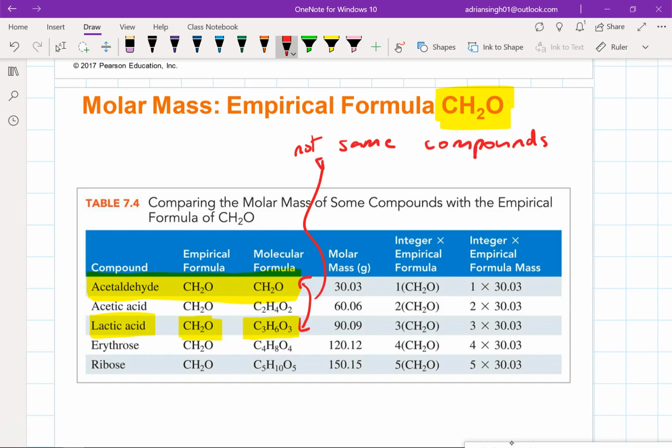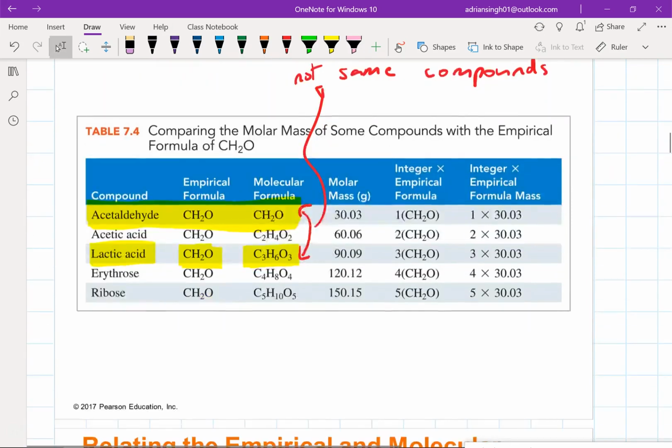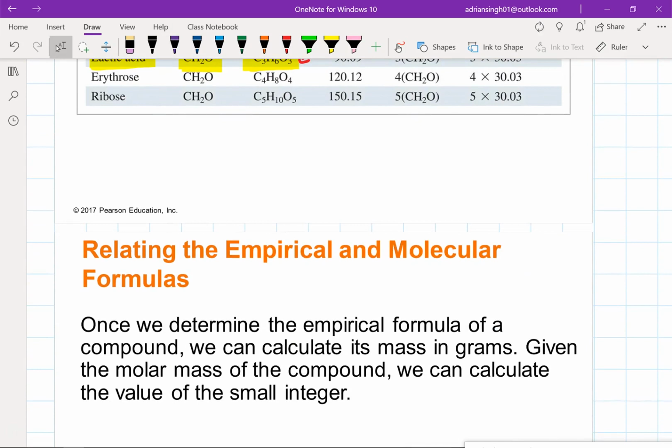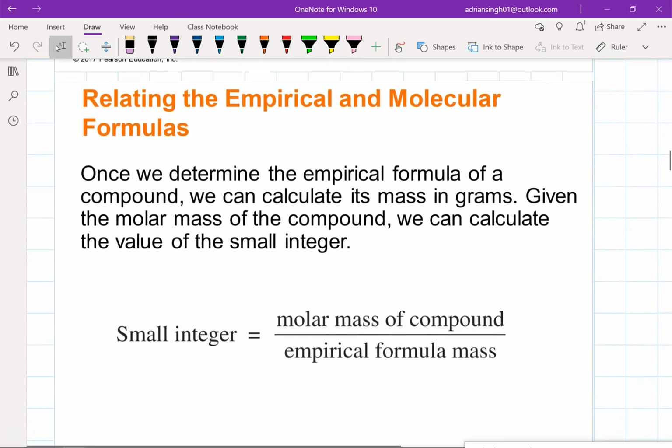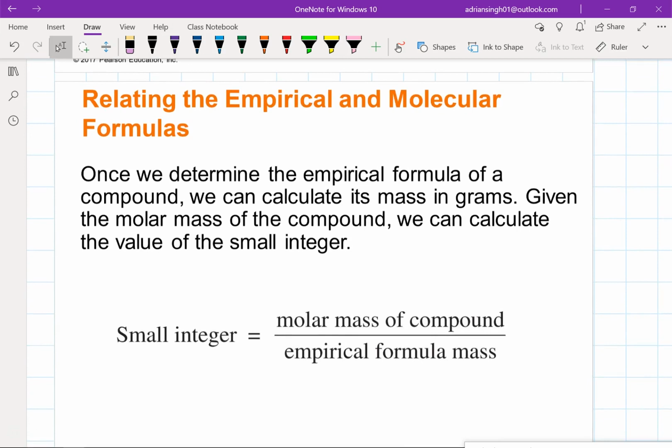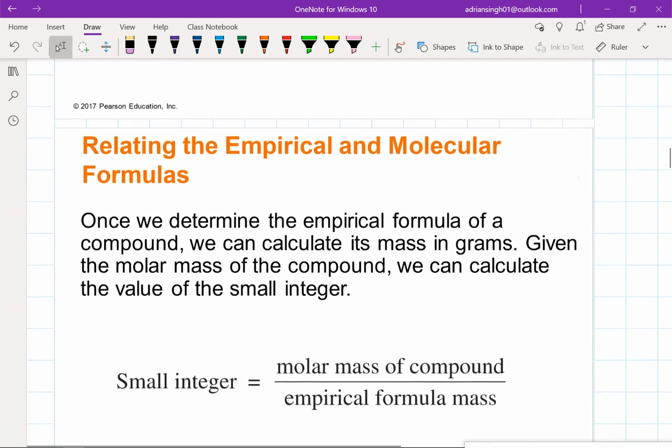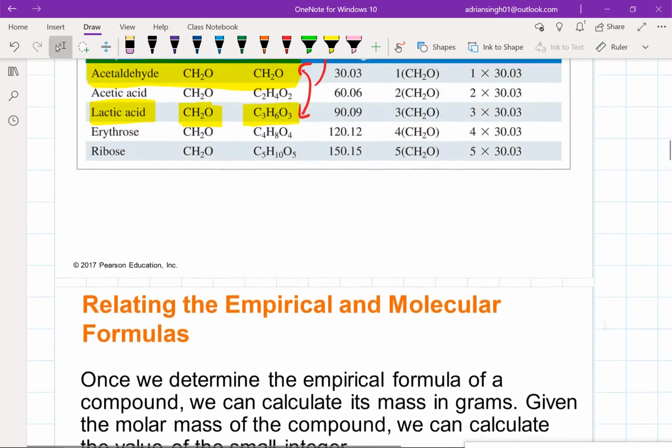So we're going to look at how we can determine the molecular formula if we start with the empirical formula for a compound. We are going to determine that small integer that we multiply the subscripts of the empirical formula by.